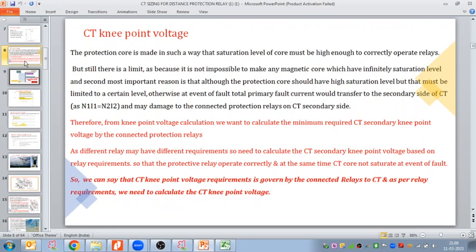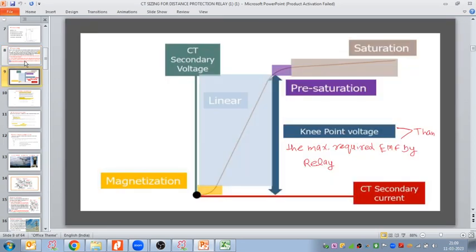So the CT knee point voltage, this is all we have seen. Here we have seen the saturation curve for the CT. This voltage we call the knee point voltage. Thereafter, the CT core enters into saturation, because the CT core is designed with CRGO material, and no magnetic core is designed for infinite saturation.